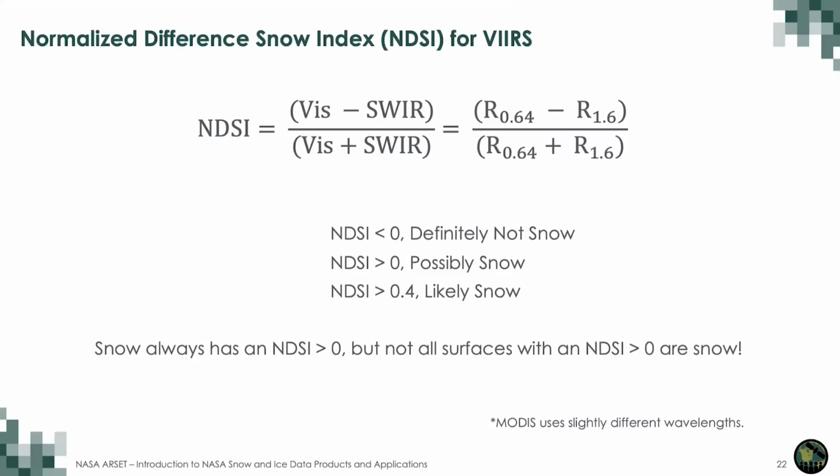If we get to higher values, like greater than 0.4, then it becomes very likely snow, and that's commonly used as a threshold. So, bottom line, snow always has an NDSI greater than zero, but we don't know for sure it's snow unless it reaches a certain magnitude.